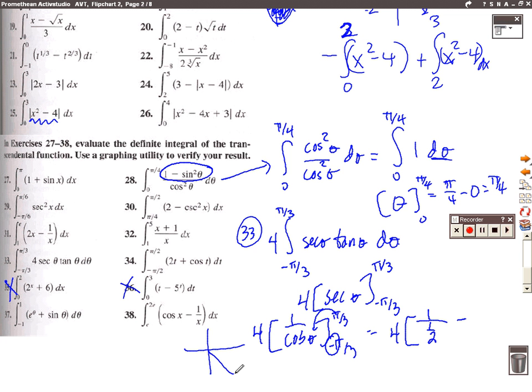So I'll still get 1 over 1/2. So that's going to be 0, and 4 times 0 is 0. Hopefully I didn't make any arithmetic errors, and I think we're okay. Let me know in class if I made any errors.